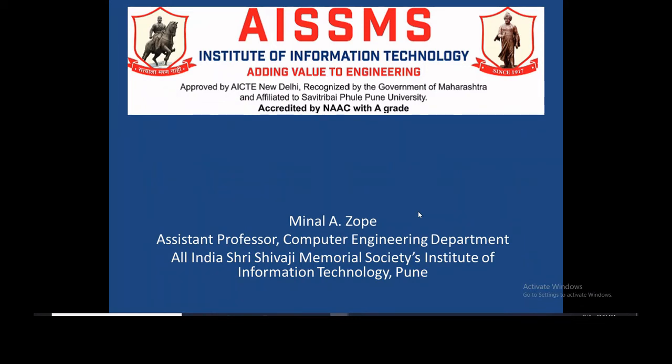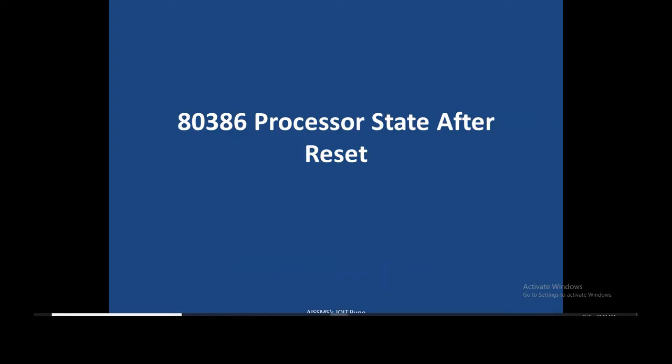Okay, so today we are going to see the 80386 processor state after reset. That means when we shut down the processor and start it again, which processor state is it going to take.